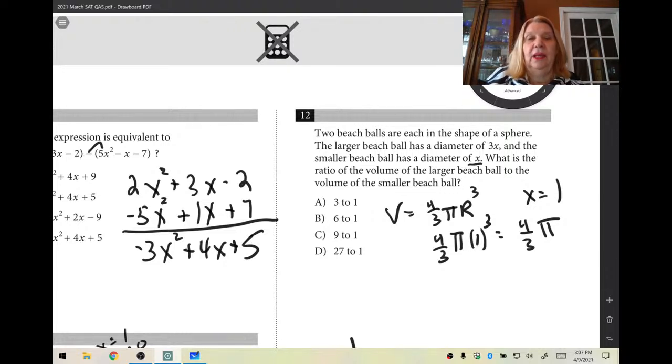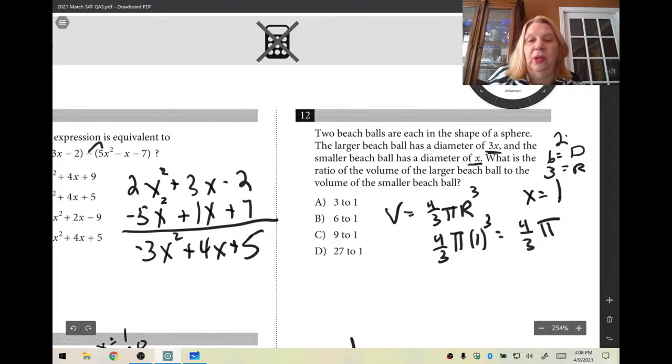So anyway, he's right. The diameter is 3x. So let's say the diameter is 2, and that would make the radius 1. So then this new diameter is going to be 3 times that, or 6 for the diameter, which makes the radius 3.